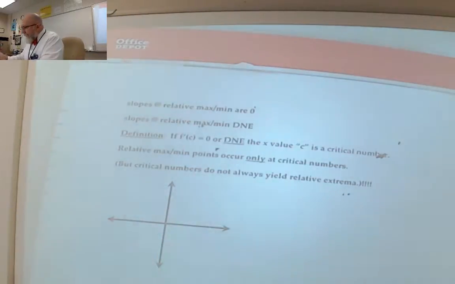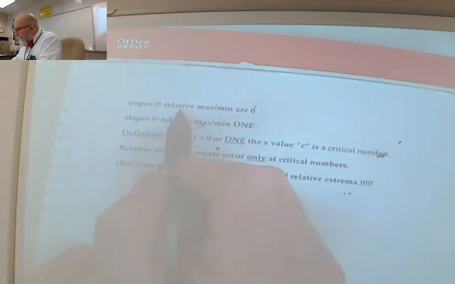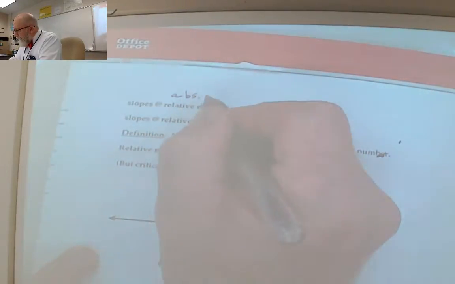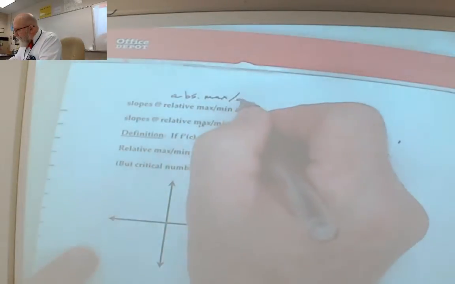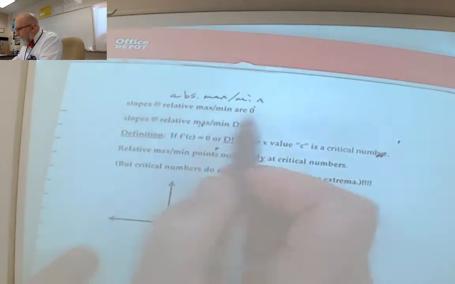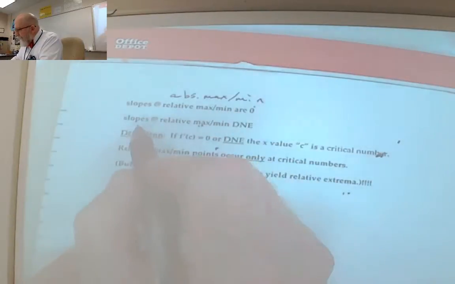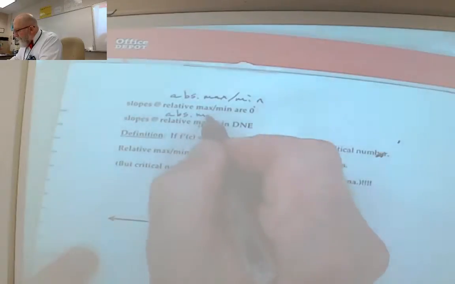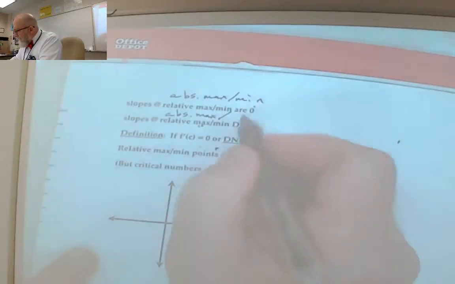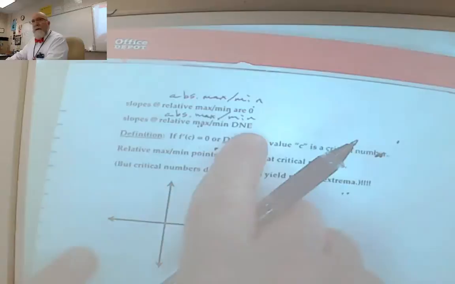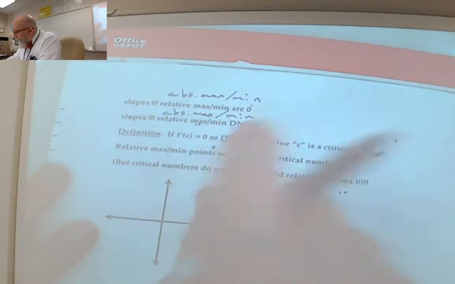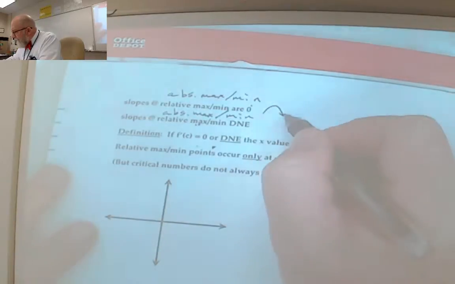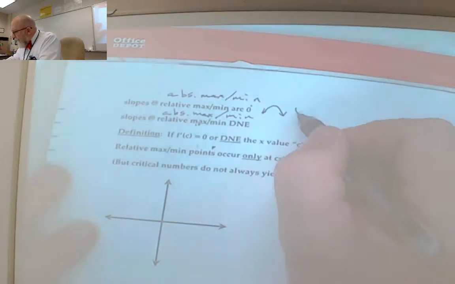All right, so slopes at relative mins or maxes, or absolute maxes or mins, the slopes are 0. The slopes at relative maxes or mins, or absolute maxes or mins, do not exist. Both of them can happen. This looks like a graph that either looks like this or looks like this.